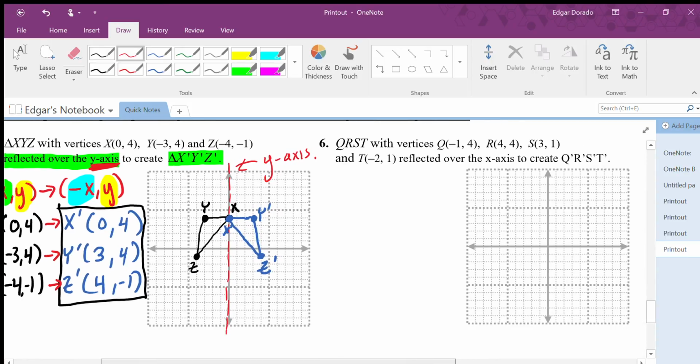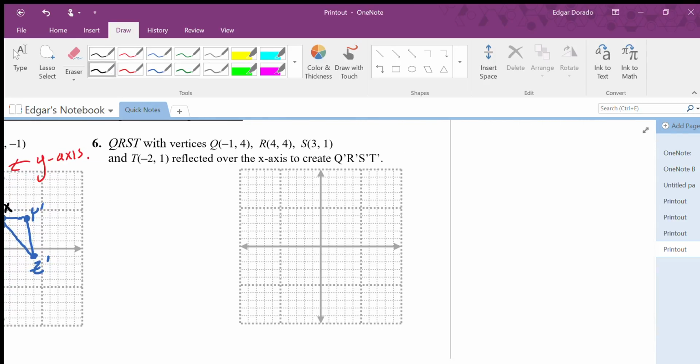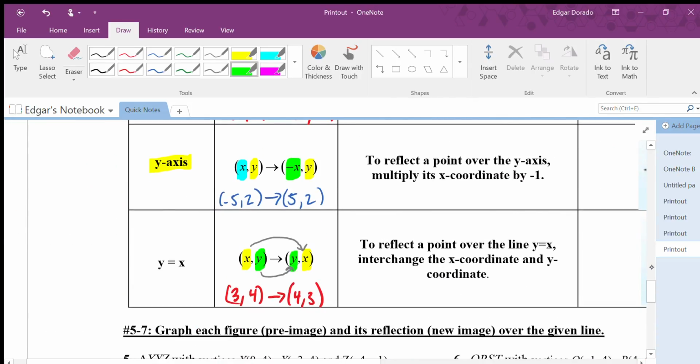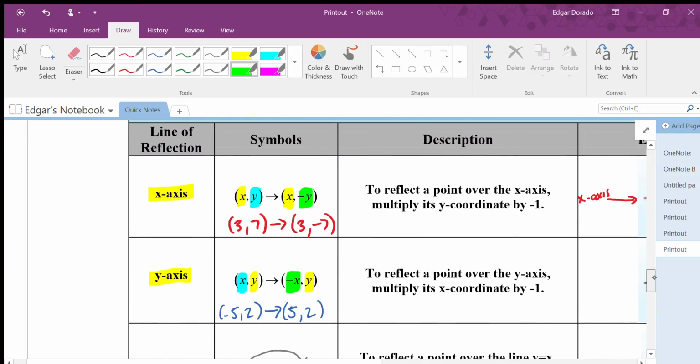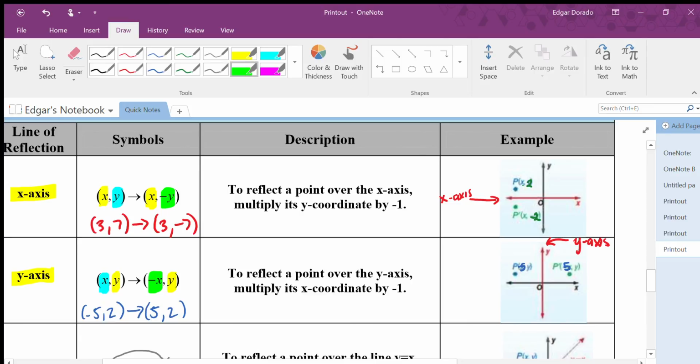So what I want you guys to do is please go ahead and try out example number 6. Go ahead and do it exactly the same. The only thing I want you to focus on is this: it wants it to reflect over the x-axis. So look up at your rules. The x-axis rules tell you to do what? That every x comma y is now going to turn into an x comma negative y.